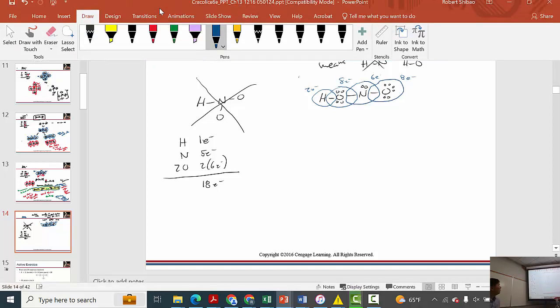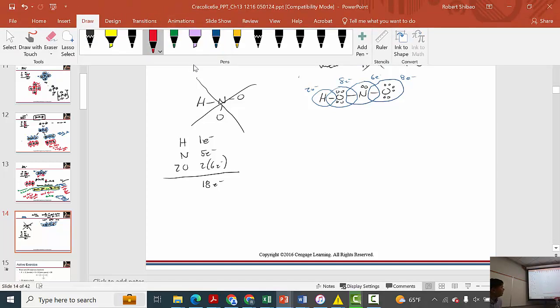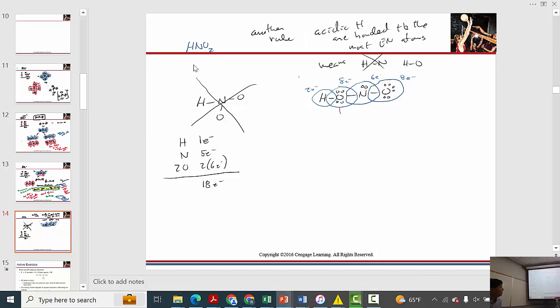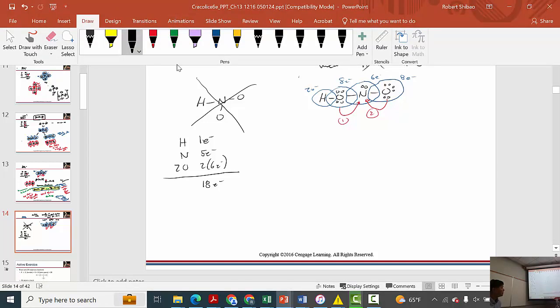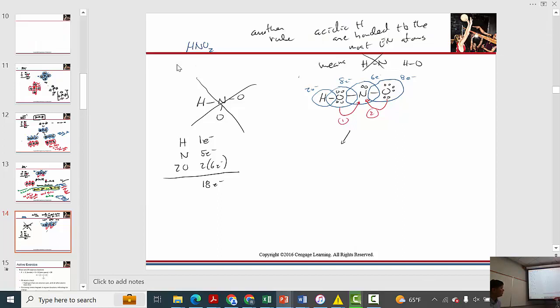So now we have two choices. Either this, which is called a bridging oxygen, can donate, or we could have a terminal oxygen donate. Since both are oxygens, we should consider both scenarios. Let's say the bridging oxygen here donates.